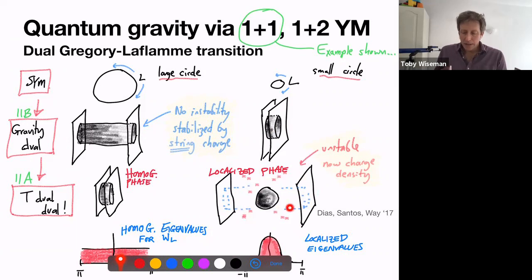And this localized phase here has been worked out in detail by George Santos in, again, very nice numerical GR work. And so actually all of these phases, the gravity predictions here for the super-Yang-Mills have been worked out in detail. So it's much more complicated, and we have this interesting phase transition. And there are basically two phases we expect. And these, again, are associated to changes in the eigenvalue distributions of this Wilson line now on the spatial circle, our new circle.